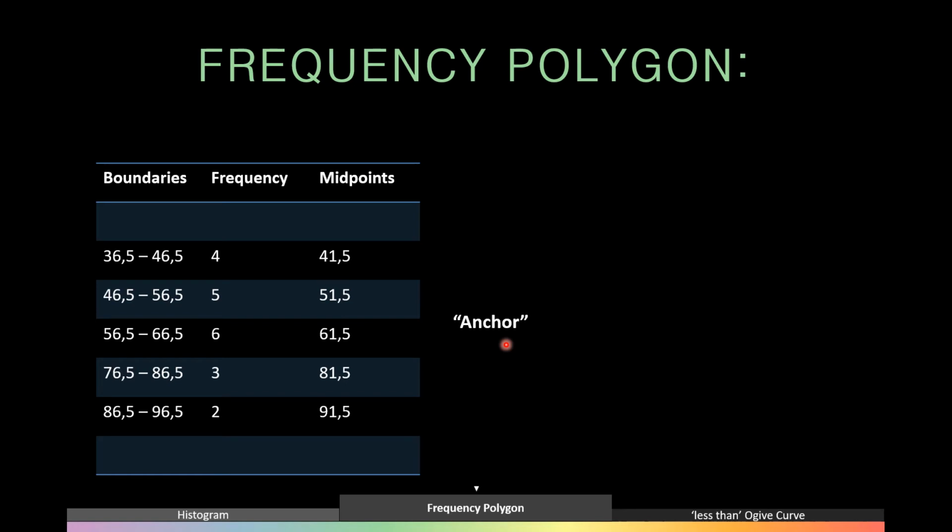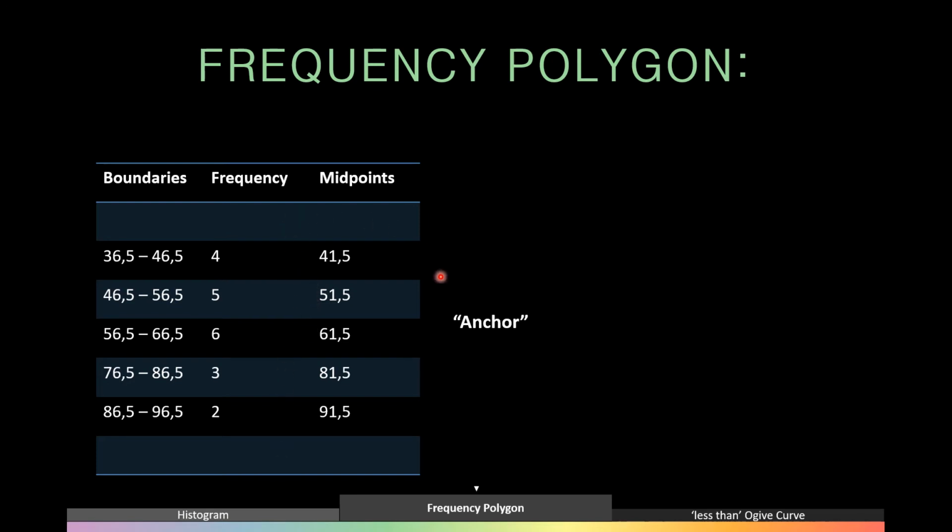If you know what your class width is, then this is really easy. But if you were just given a frequency distribution and told to construct a frequency polygon, then you would need to determine what that is. The class width, or just the difference between the midpoints, is going to be the same. So you can take any 2 consecutive midpoints and take the absolute value of the difference. Whatever you get as the answer is going to be used to construct these 2 new midpoints.